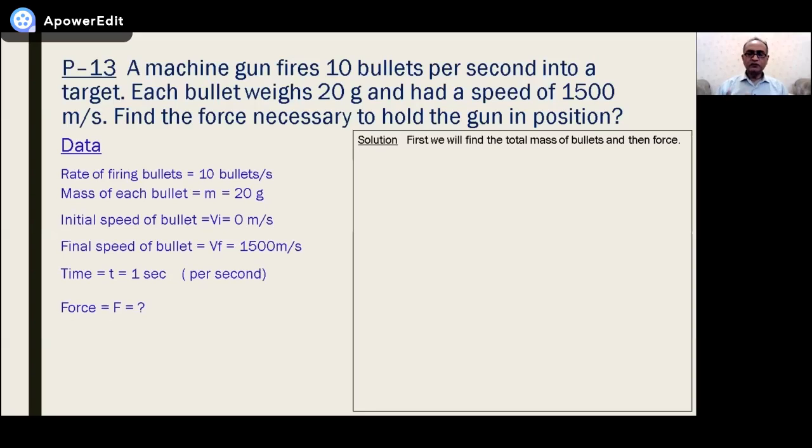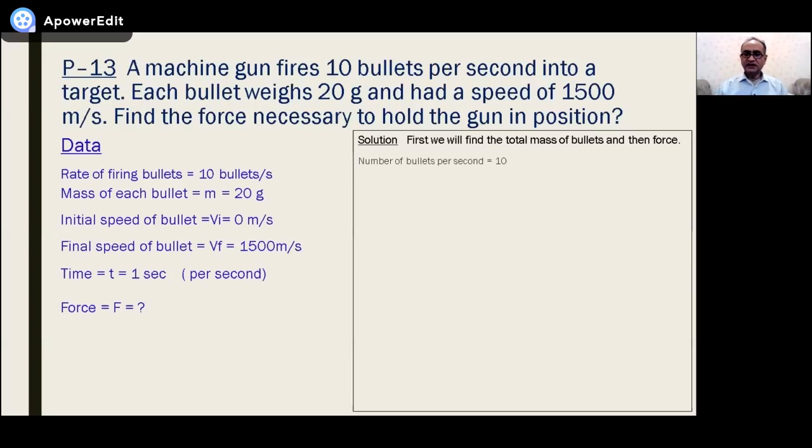So what will we do first? We'll find the mass of all the 10 bullets, because in 1 second 10 bullets are coming out. So we need to hold the gun accordingly. So that's why I wrote there. First we'll find the total mass of the bullets and then force.